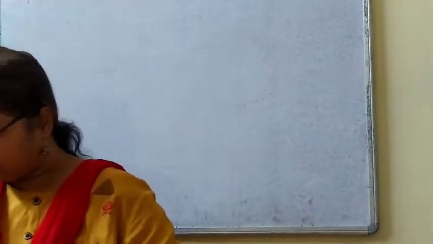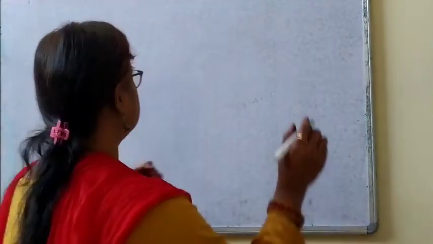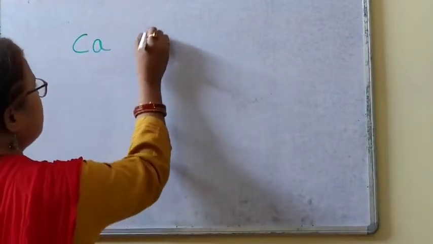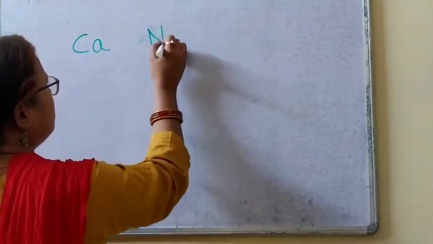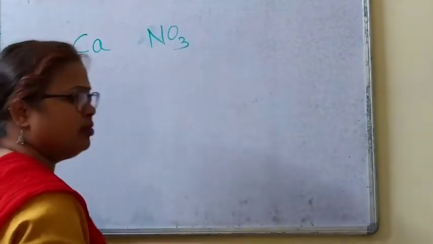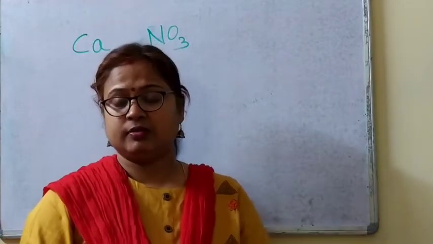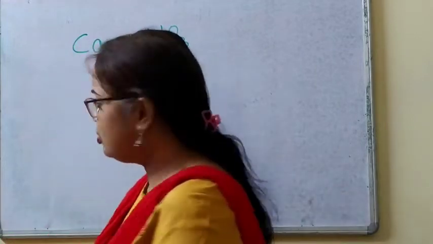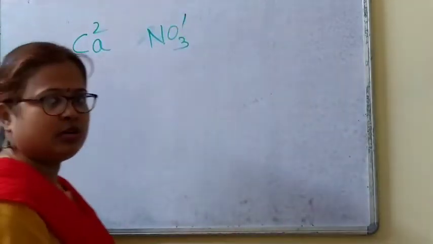Take one more example, like calcium nitrate. So calcium is Ca, and the formula of nitrate is NO3. Clear? Again here the valency of calcium is 2 and valency of nitrate is 1.